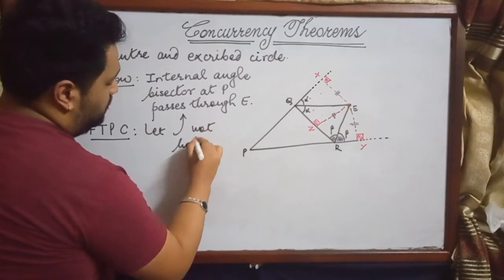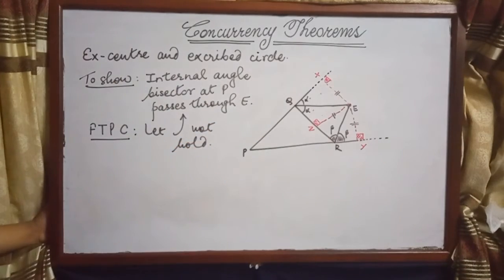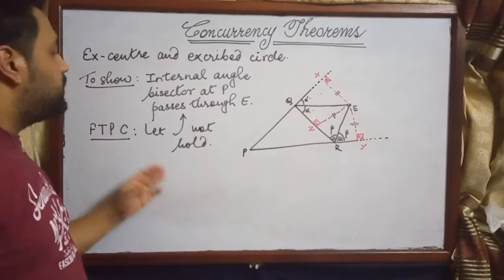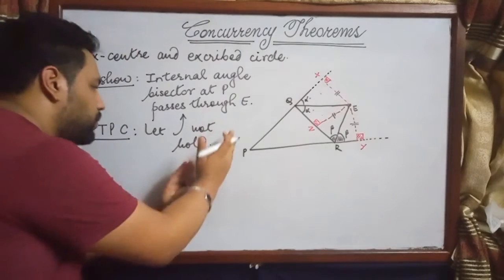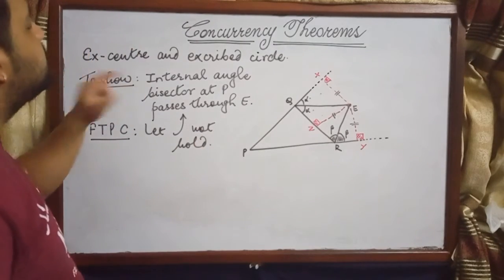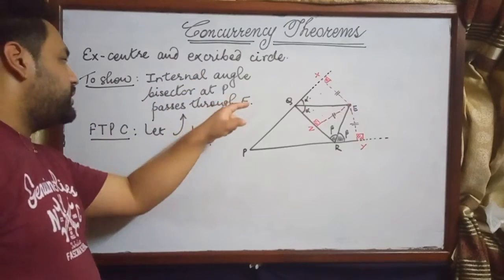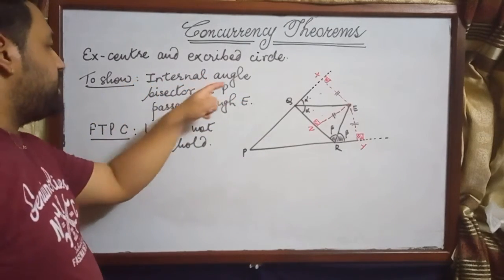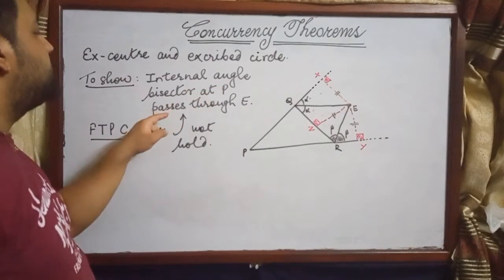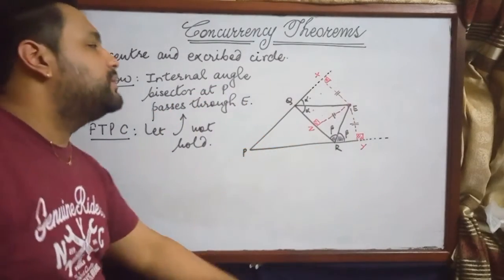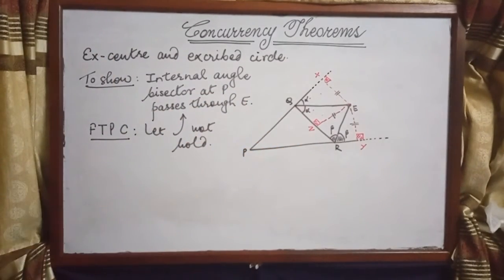You can correct my grammar if you want. Let this not hold means let the internal angle bisector at P not pass through E. We're assuming that, and now we're going to see that we arrive at a contradiction.